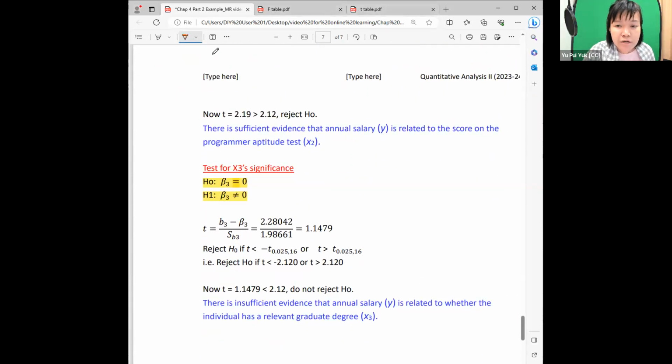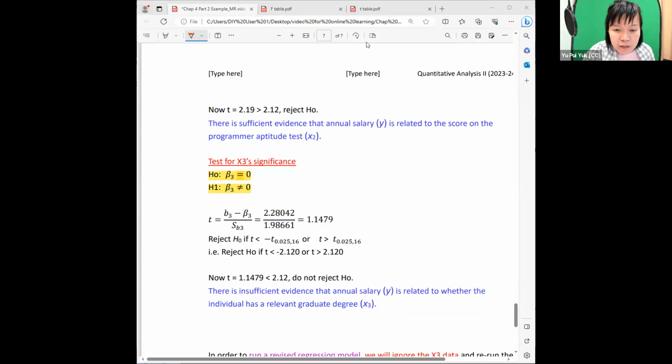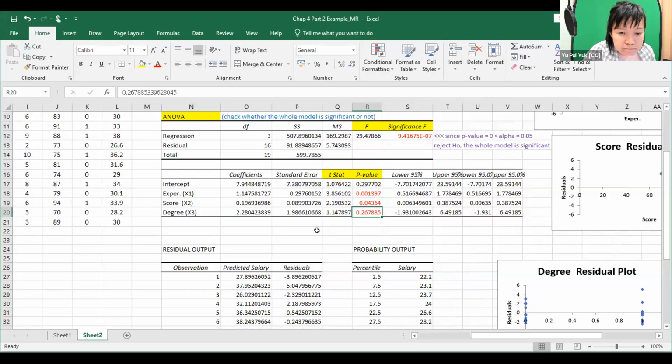As I mentioned, going back to the p-value in the Excel output, we can quickly go through it.